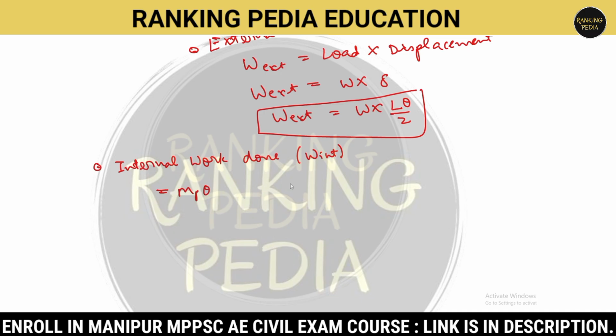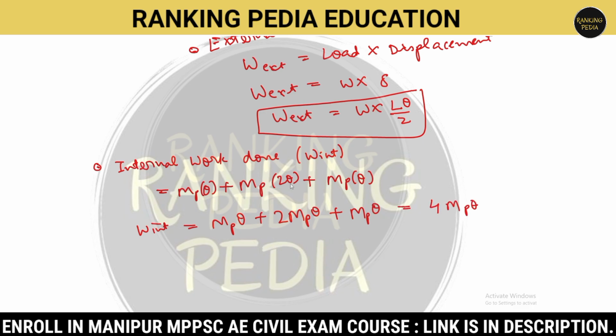So Mp at support A plus moment at center C, which will be twice of theta, plus at end theta, or at support B. This is moment at support A, this is at center with twice of theta, and this is moment at support B. Work done internal is Mp theta plus twice of theta plus theta, which is 4 times of theta.